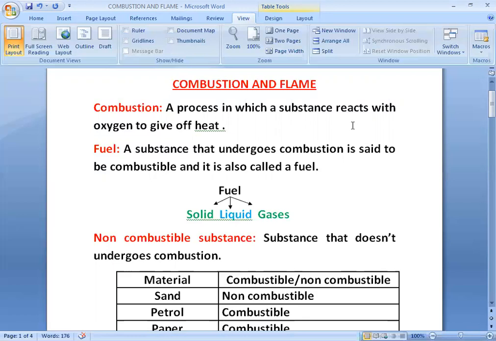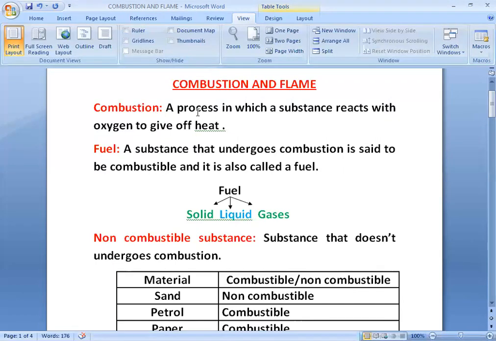Okay, so first we are going to study combustion. What do you mean by combustion? It is a process in which a substance is burned to produce heat and light.